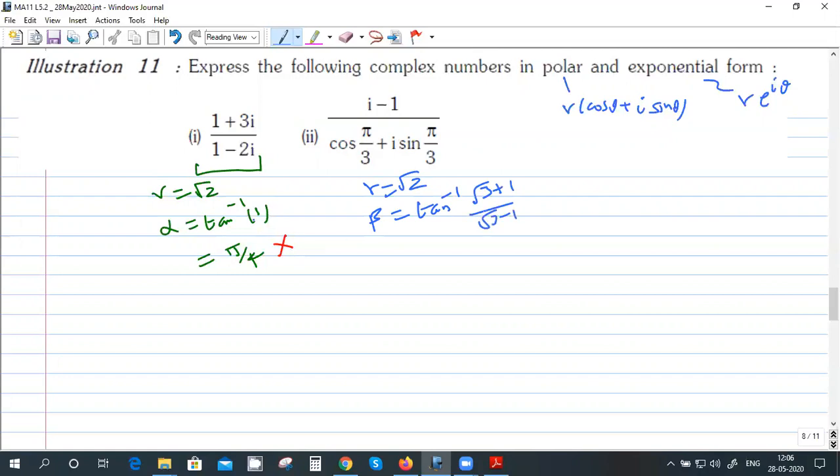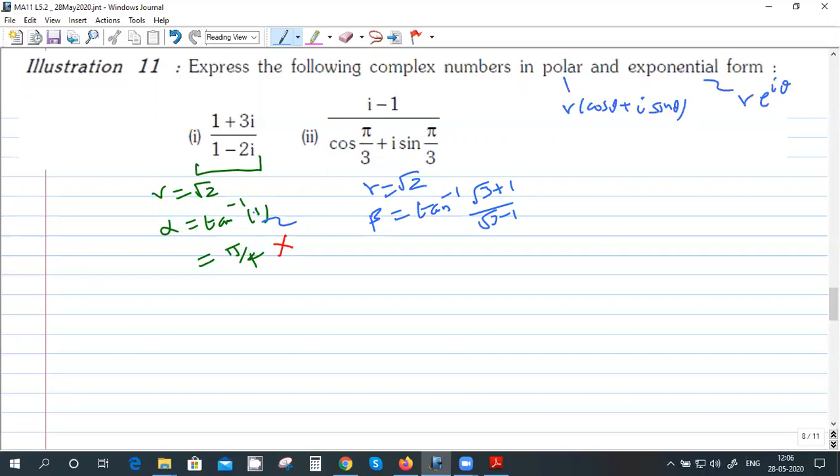Okay. In this first one, is this plus 1 or minus 1? Sir, plus 1. No, sorry, mistake. Minus 1. So tan inverse minus 1.